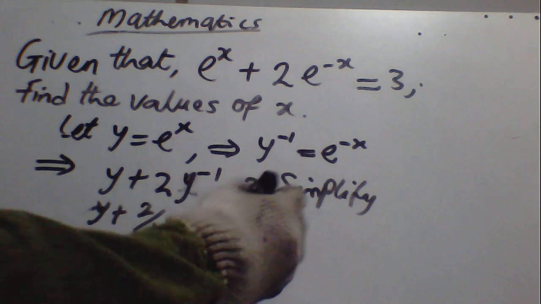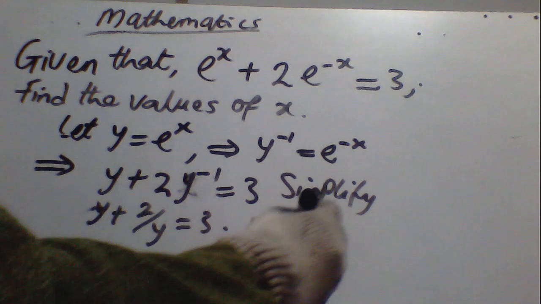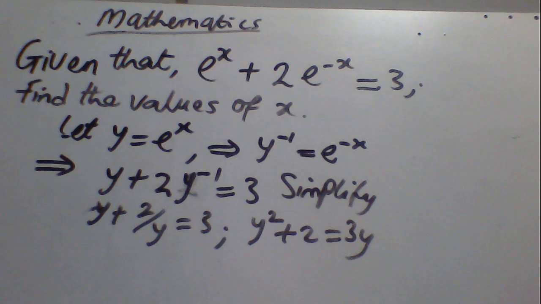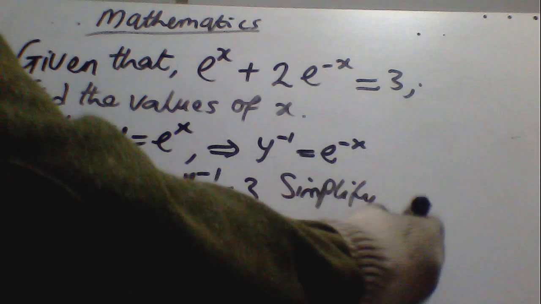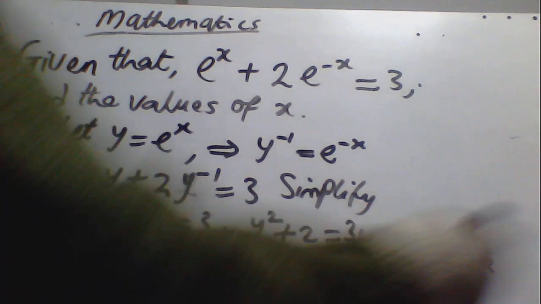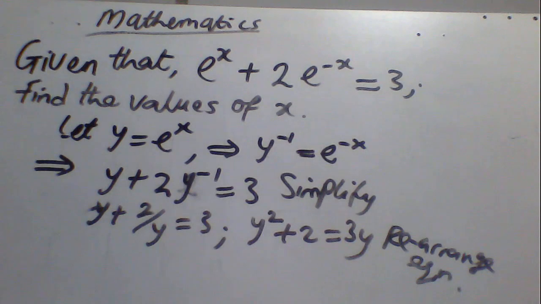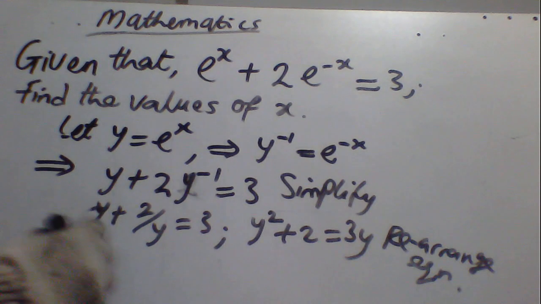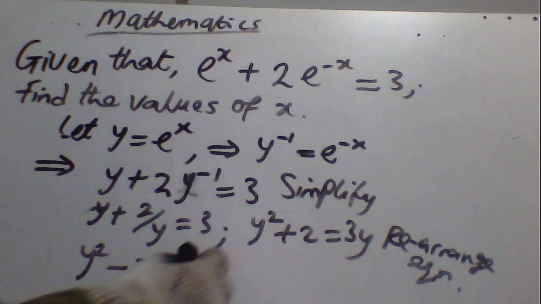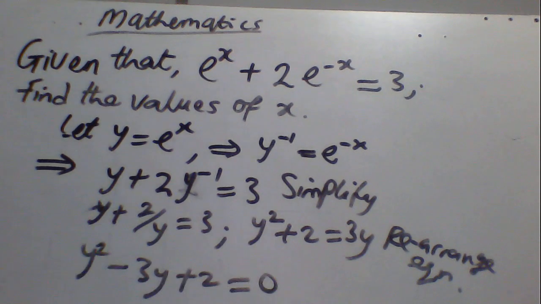Simplifying it, you have y squared plus 2 is equal to 3y. So the next thing is to rearrange the equation. If you rearrange the equation, you have y squared minus 3y plus 2 is equal to 0.